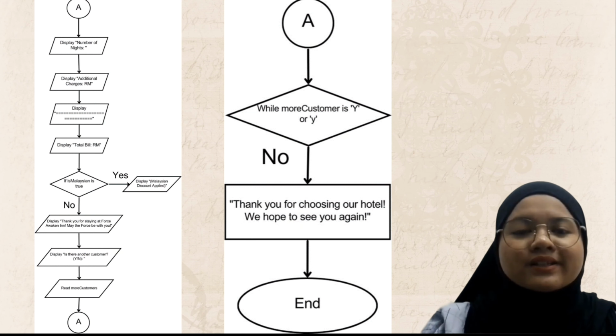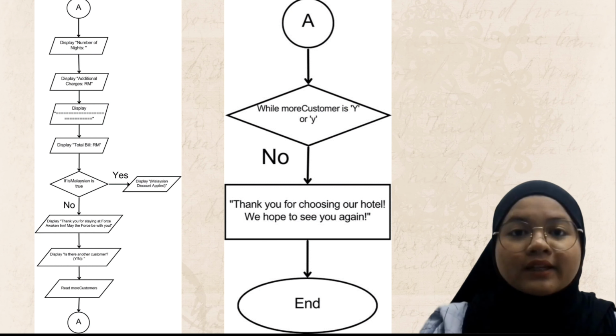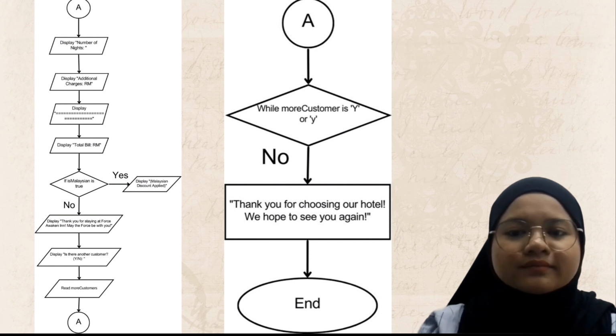If the answer is yes, the program will start again the do while loop. If the answer is no, the program will display thank you for choosing our hotel. We hope to see you again. And then, that's the end of the flowchart for main function.